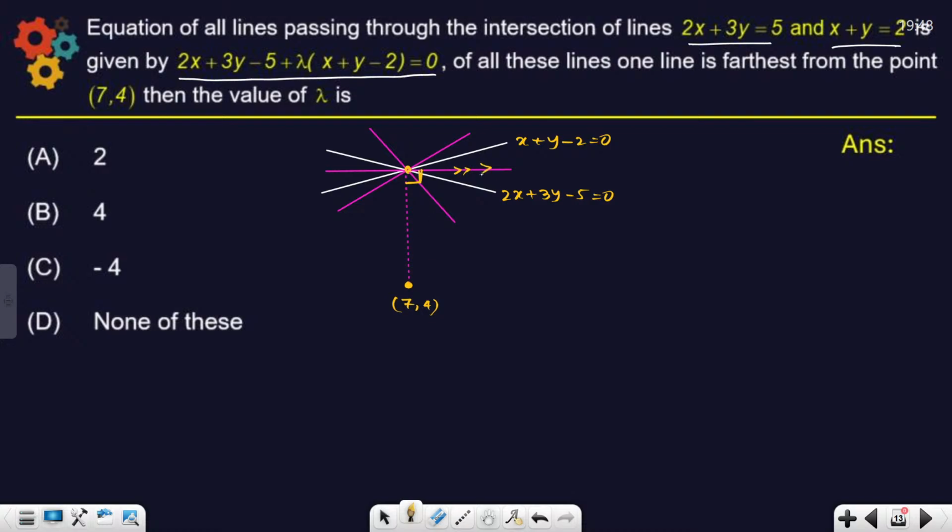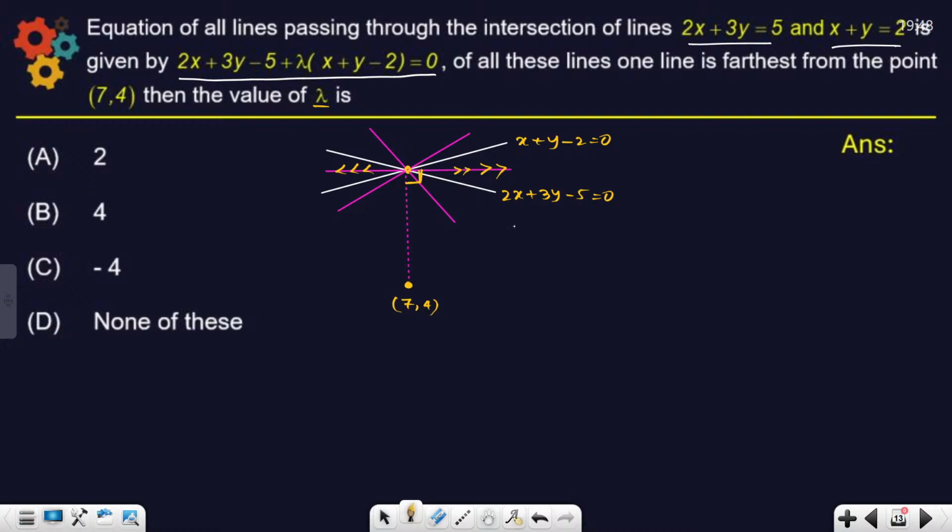This dotted line is perpendicular to this arrow line. This line will be the farthest line. Is it clear? Now, of all these lines, one line is farthest from this point. Find the value of lambda. So you have to find the value of lambda in that case.